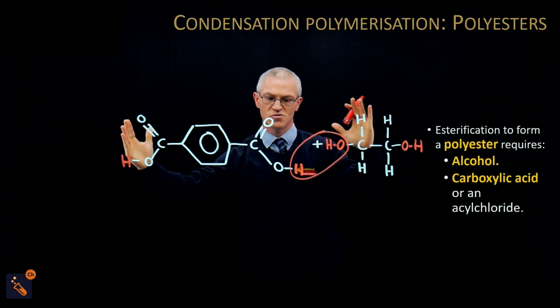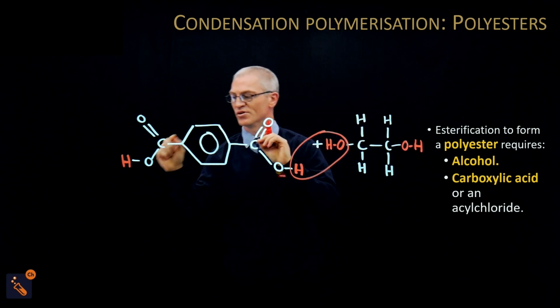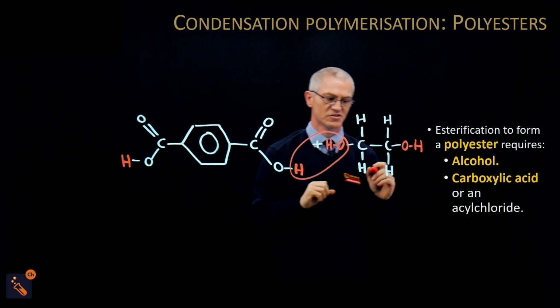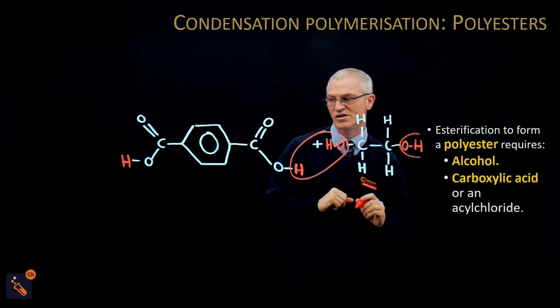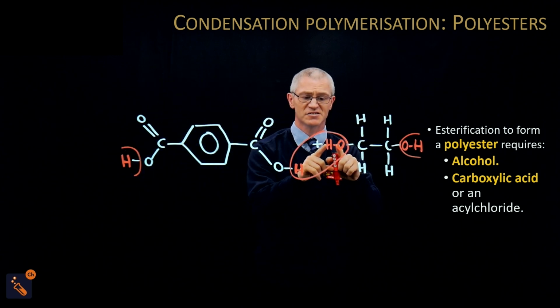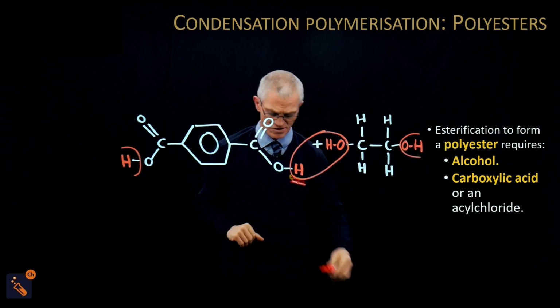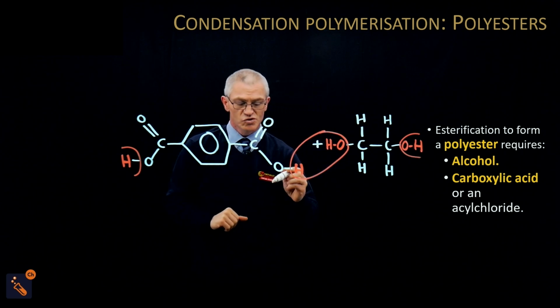So if I take this whole repeating unit and put it here, this end is going to bond with another one of these. So that part goes and that part goes as well. And if you think of that, that is H2O, H2O. Okay, so we've got the water being given out.